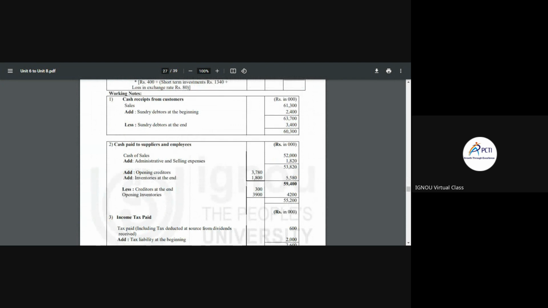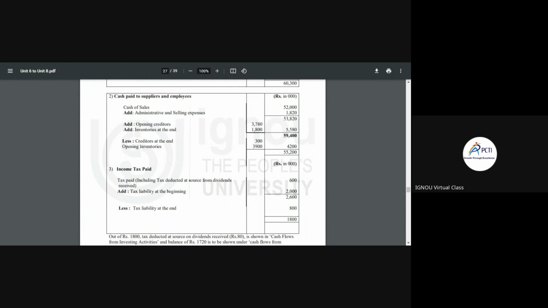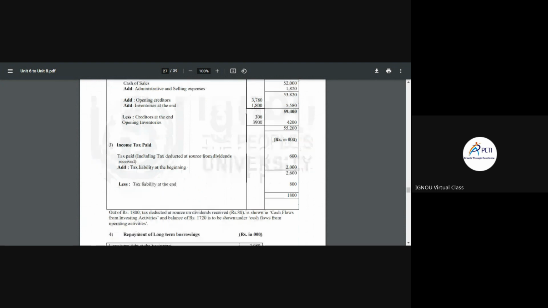You can show in your answer sheets, like cash receipt from customers you need to calculate. In that, there is a sale, then you need to add the sundry debtors at the beginning and deduct the sundry debtors at the end. In the case of suppliers and employees, you have cost of sales, in which you add the administrative and selling expense, add opening creditors, add inventories at the end, then we deduct creditors at the end, then we have the opening inventories.